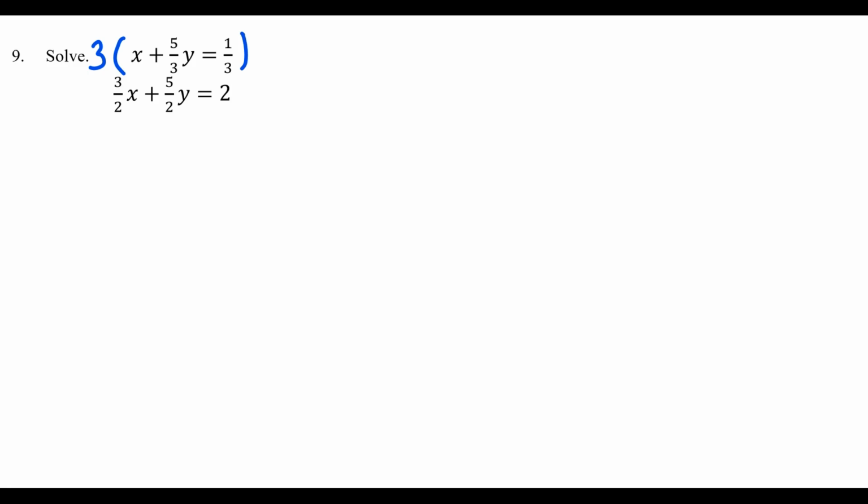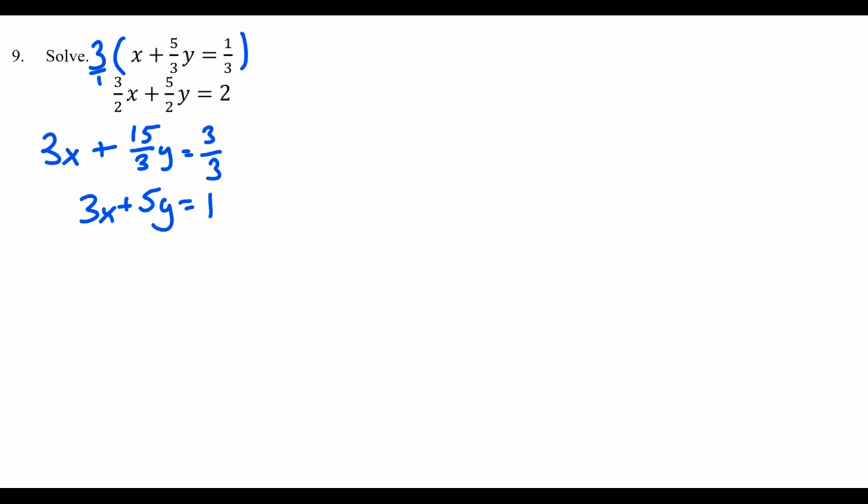So whenever I distribute this 3, I get 3x plus, think of this as over 1, so that's 3 times 5 is 15, 1 times 3 is 3, and then 3 times 1 is 3, 1 times 3 is 3. Now I'm going to simplify these because 15 divided by 3 is actually 5, and 3 divided by 3 is 1. Now I have a much nicer equation to work with.